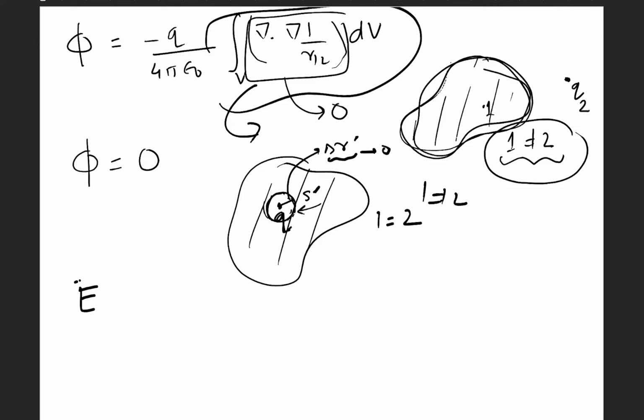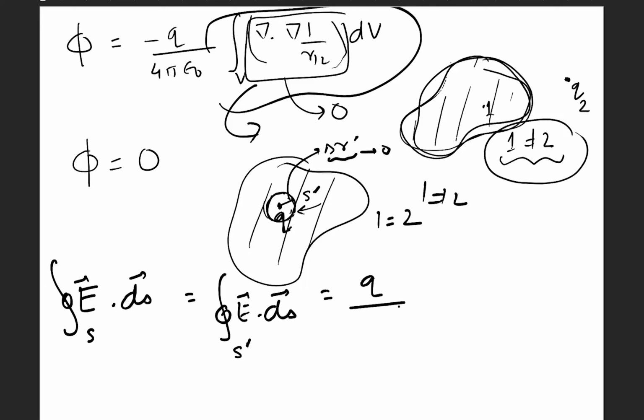So E dot ds for the whole surface is just equal to E dot ds on the small surface. So it is q by 4 pi epsilon naught delta r square into 4 pi delta r square.